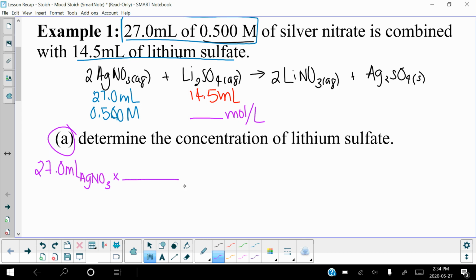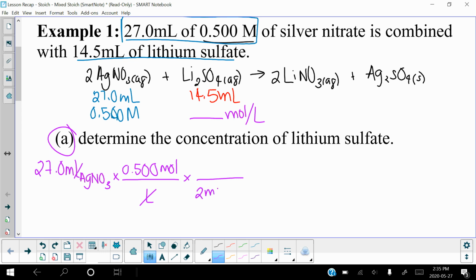And then again, you can convert this into liters if you don't like working with milliliters. And then we're going to use our concentration, 0.500 moles per liter. Liters cancels out. I have millimoles. As long as the base unit is moles, we can then use our mole ratio.